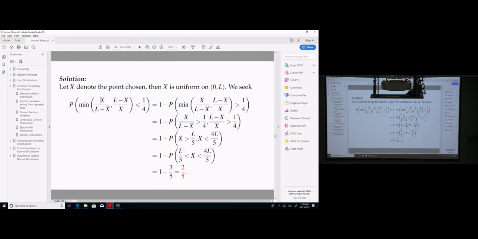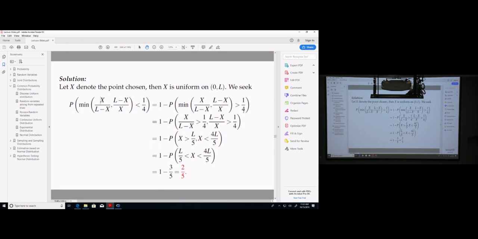So the usual trick is to look at the complement, the opposite. If you wanted to, you can change it to bigger than or equal to. You add the equal sign, but it is not going to affect the calculations. So if the minimum is bigger than or equal to 1/4, then everyone else has to be bigger than or equal to 1/4. This is the gist of it.